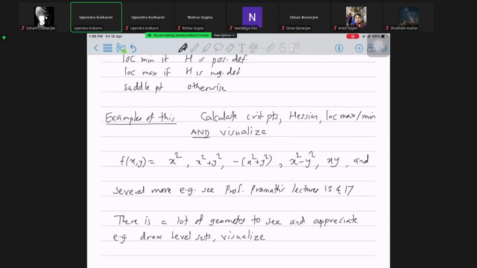Visualize gradients and the nature of the surface. Because when I plot this in 3 dimensions, then the input is going to be an x and y axis, and the vertical z axis will show you the height.